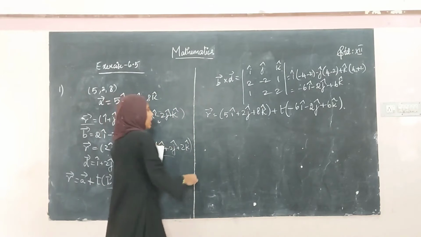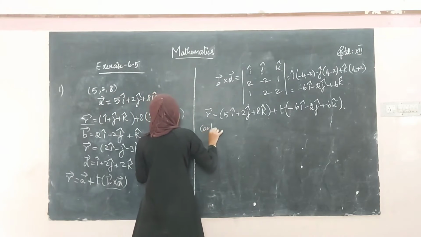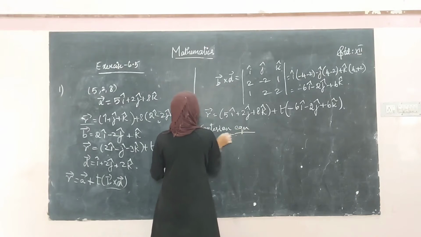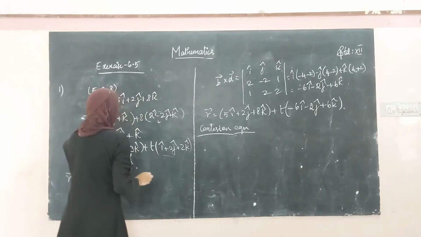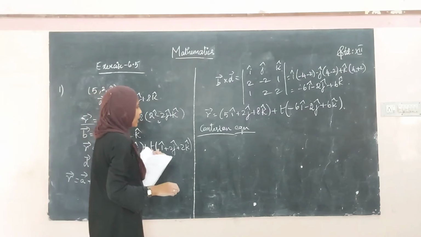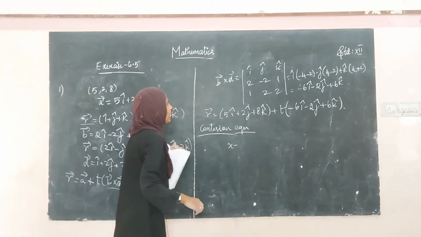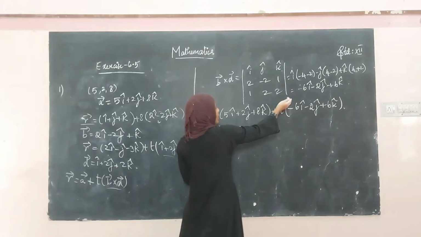Now we have to find the Cartesian equation. Okay, so this can be found using x minus a1 divided by the coefficients of this one.